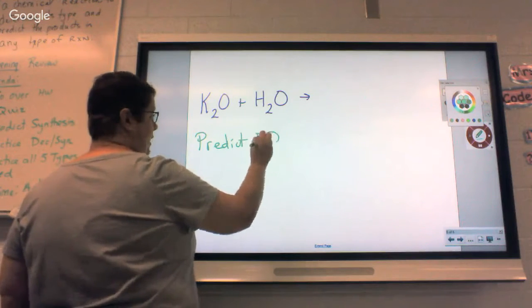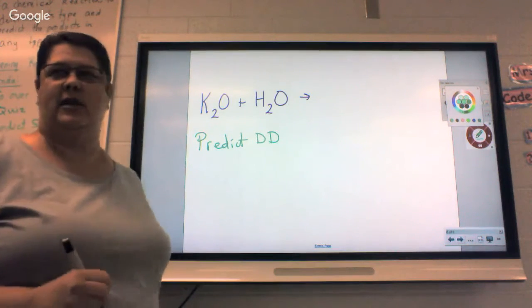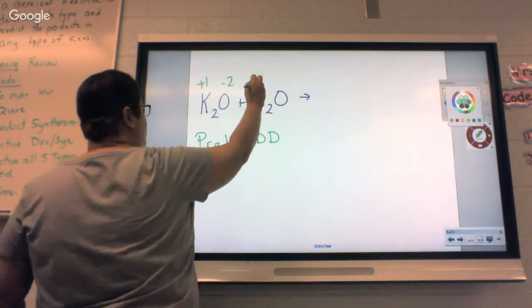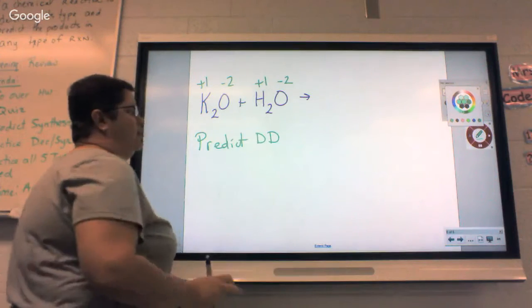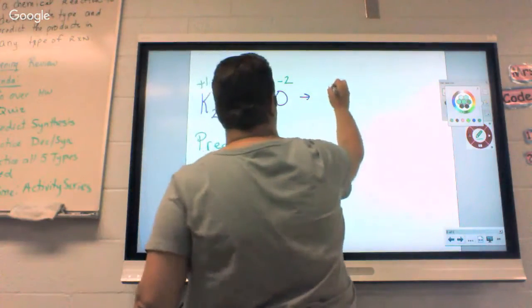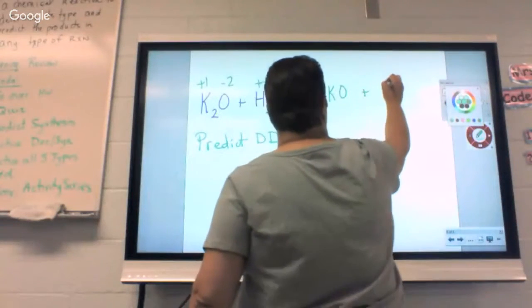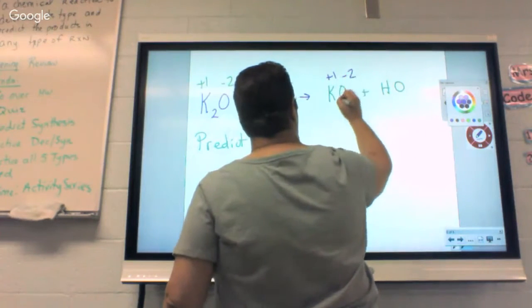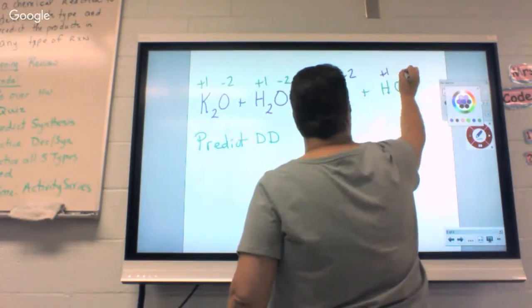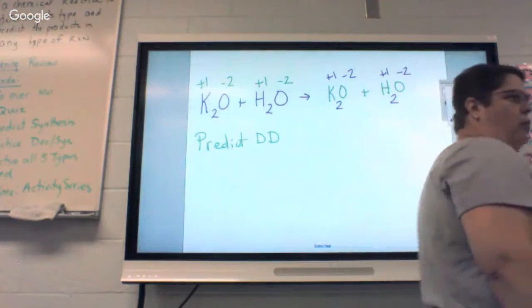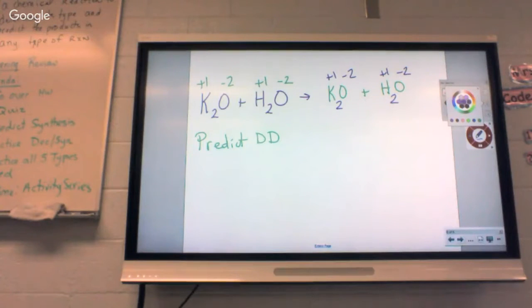and you're going to predict double displacement. Okay? So, if you predict this is double displacement, you're going to say plus 1, minus 2, plus 1, minus 2, and you're going to switch the two elements up just like we always have. And so you're going to have K with O and H with O, and then you're going to say plus 1, minus 2, bring my 2 down, plus 1, minus 2, bring my 2 down, and you're going to go, oh, that's odd. What's odd about it?